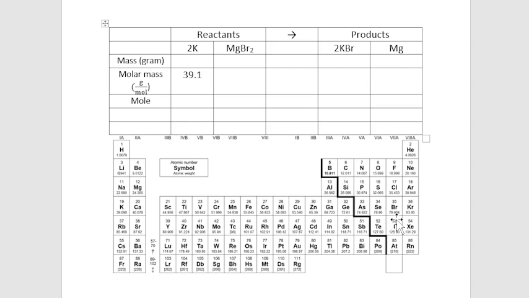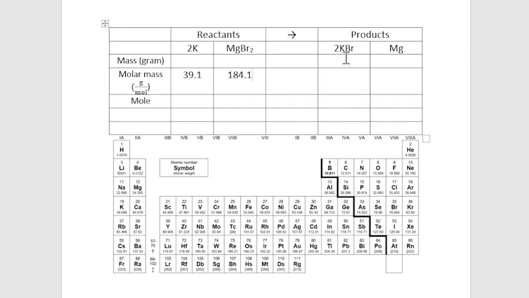So what you need to do is multiply 79.9 times 2, plus magnesium is 24.3. This gives us 184.1. So that's good enough, 1 decimal place. 184.1 grams in 1 mole.